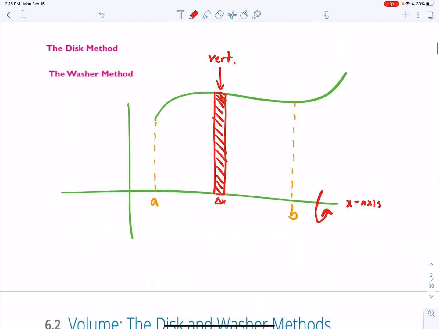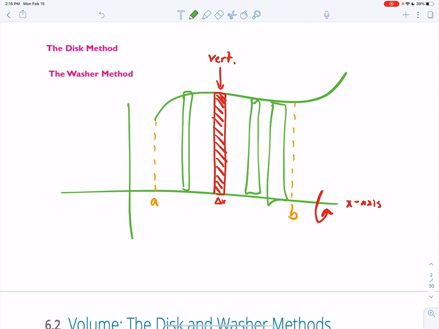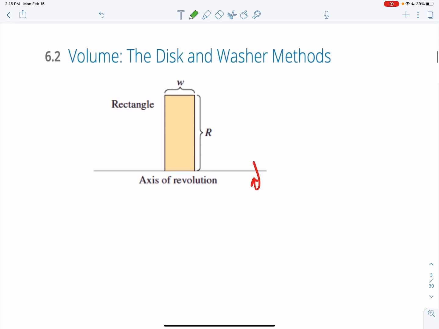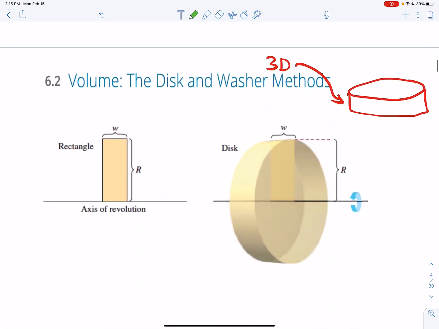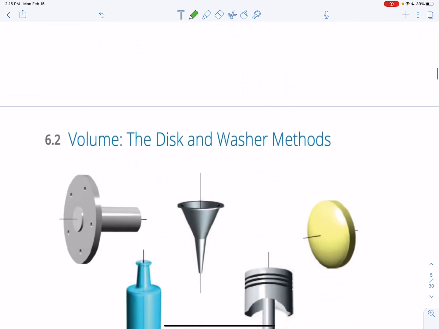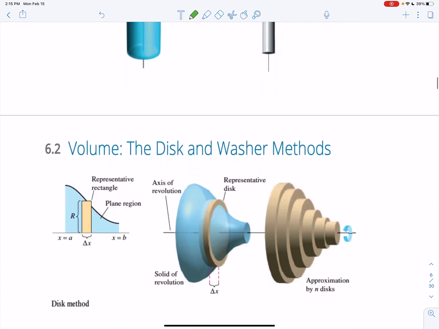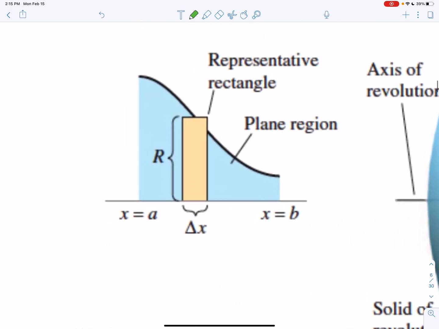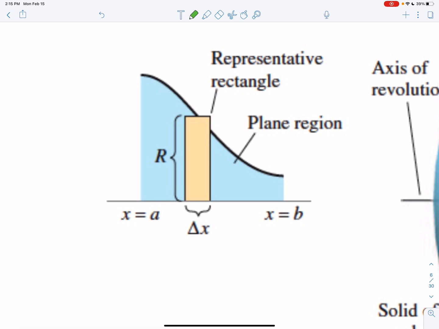Now, what if we were to focus on all the other different rectangles? And what if we were to rotate all of these all at the same time, right? What kind of picture would we get there? So here's another visual so that you guys can get an understanding of it. Okay, so for instance, here we have this blue area under the curve.